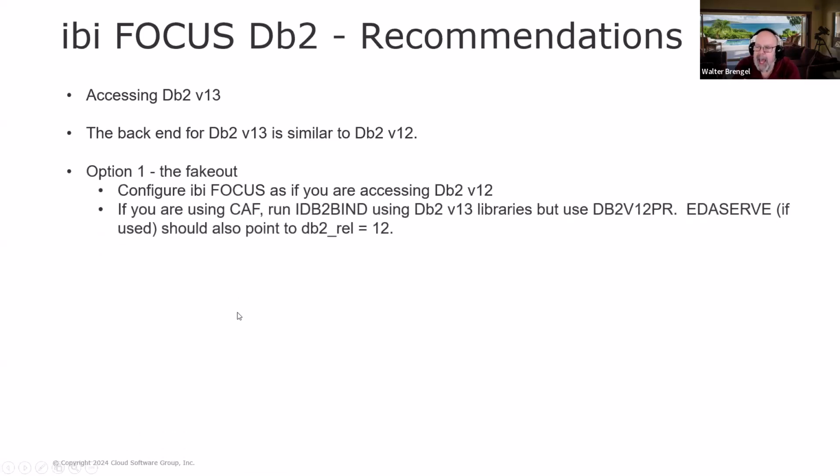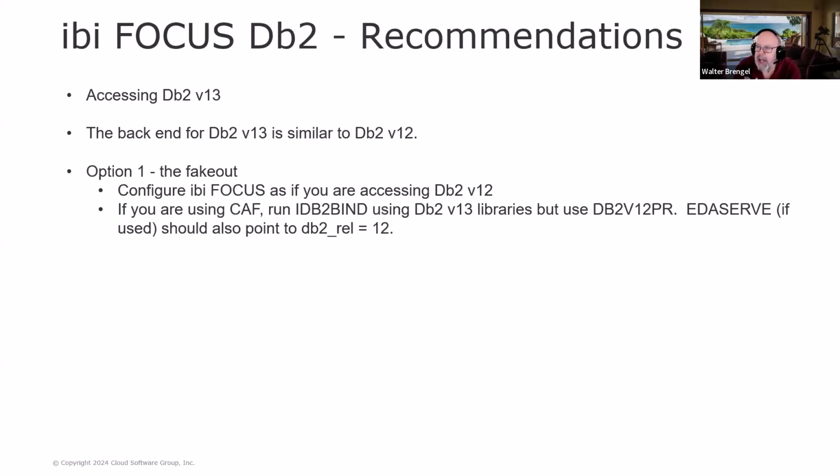If you're using CAF, run IDB2 bind using your DB2 v13 libraries. So those are the DB2 libraries, the SDSN load and the SDSN CLST. But you're going to use the DB2 v12 PR in that part where it asks you. So when it mentions the DBRM lib, you're going to use our v12.